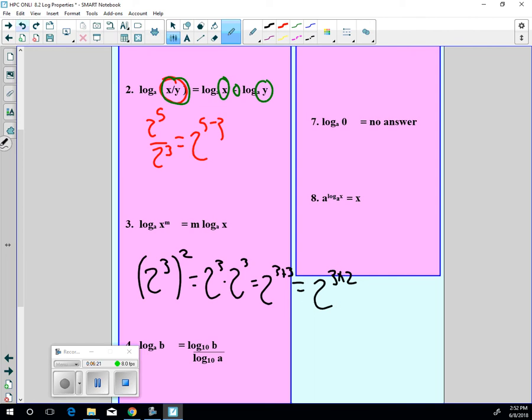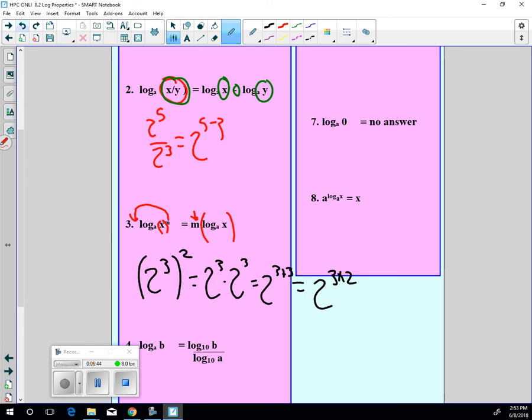And when you take these logs, you have the log base a of x to the m, like this. That's like multiplying m times log base a of x. And I like to say it this way: you're taking the power of the x and moving it up in front. And so now it's that times that.